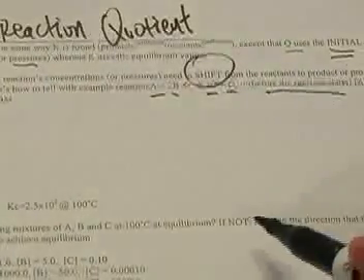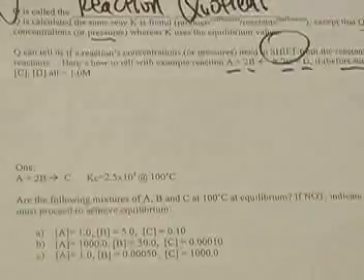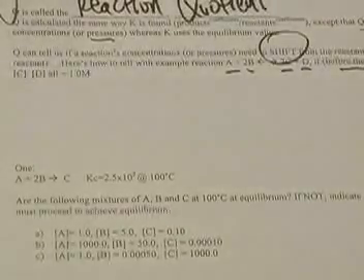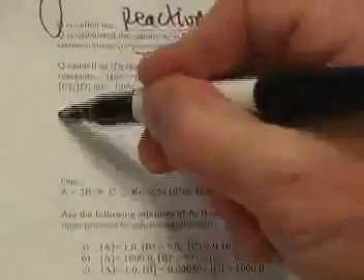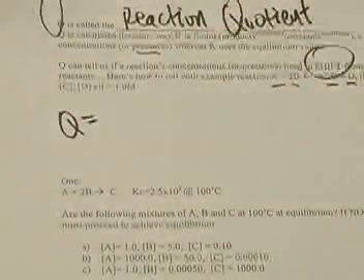If, before the reaction starts, A, B, C, and D concentrations are all equal to 1 molar. And let's assume for this that K is equal to 10, just to give us some easy numbers. Well, let's calculate what's called Q, or the reaction quotient.